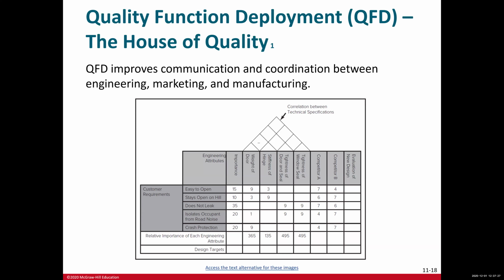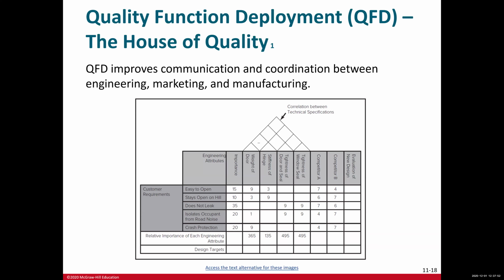And then the team weights requirements in terms of relative importance. As you can see, the next column is importance. Does not leak is the most important one, and then isolate noise and crash protection are equally important, and then easy to open, and then stays open on hills.